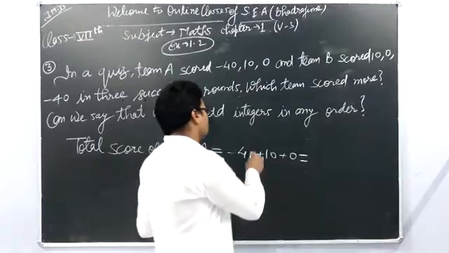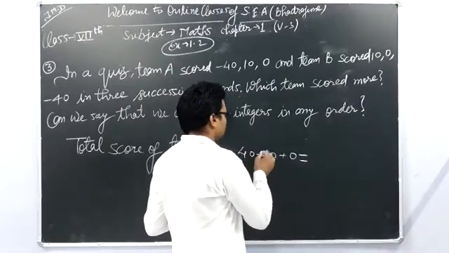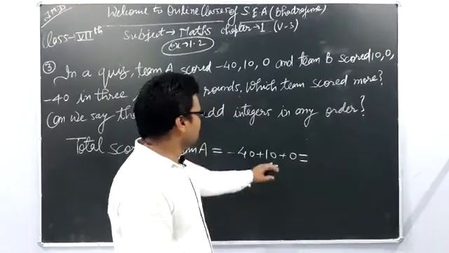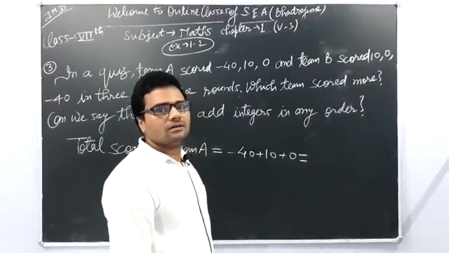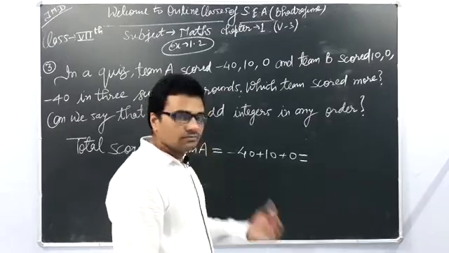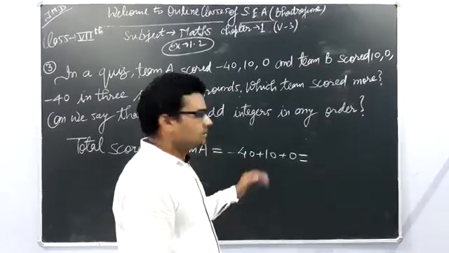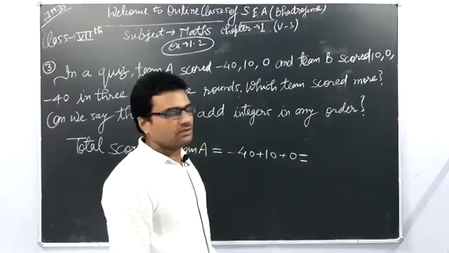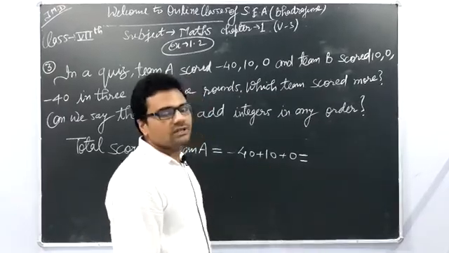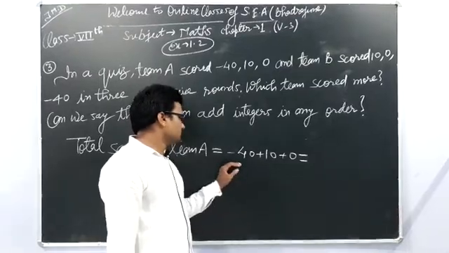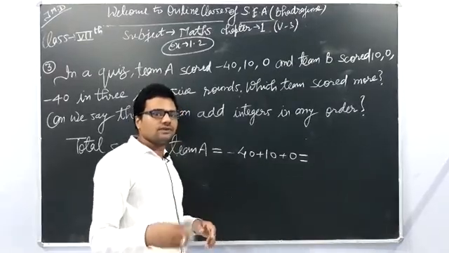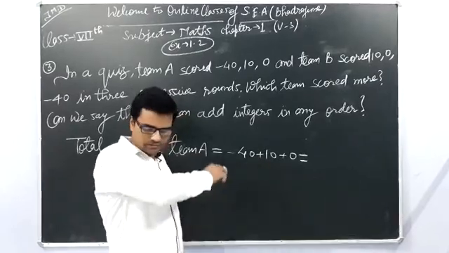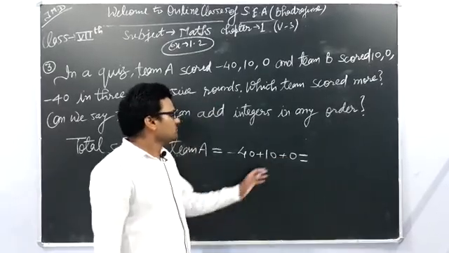What will this give us? -40 + 10 + 0 means 40 is negative and 10 is positive, so here we will get a difference, because the signs are not the same. If the signs were the same, minus and minus, or plus and plus, then we would get a sum.